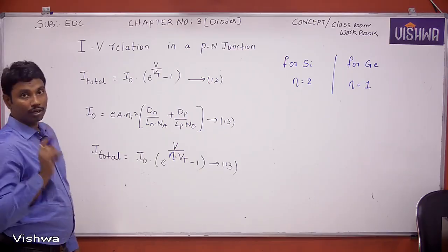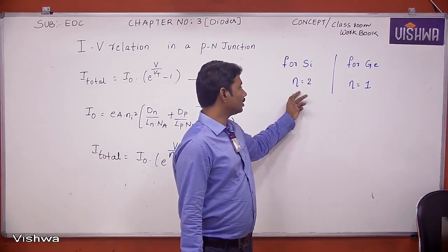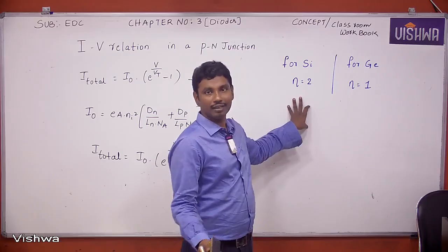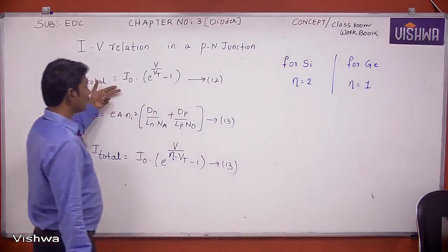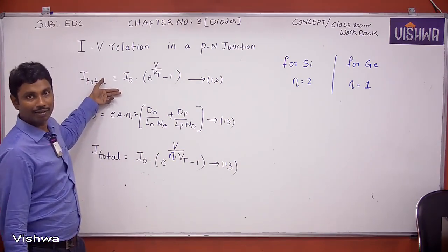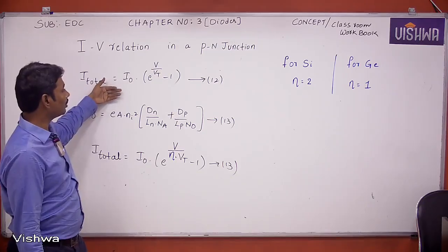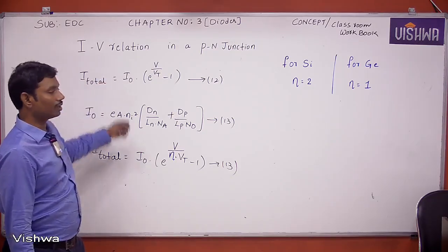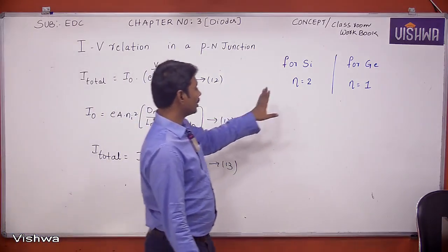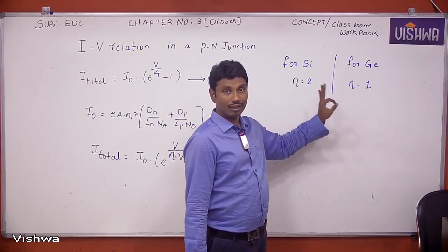And one more important point. Whatever the eta values, eta equal to 2 and eta equal to 1, this is valid at low currents.